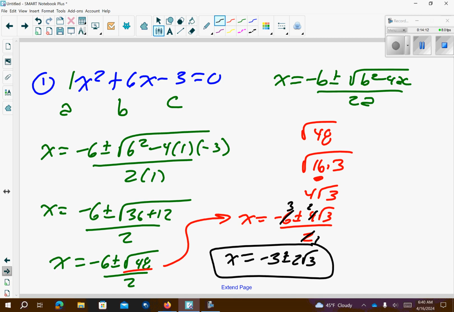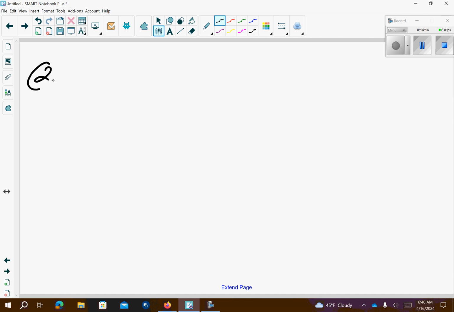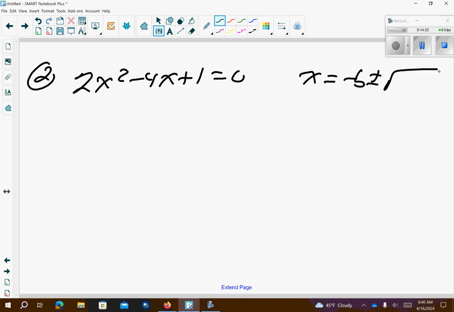There it is. Number 2, we have 2x squared minus 4x plus 1 equals 0. Remember, x equals negative b plus or minus square root b squared minus 4ac, all divided by 2a. Your a value is 2, your b value is negative 4, and your c value is 1.